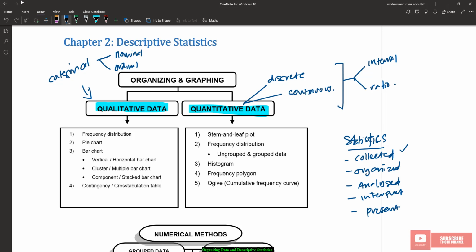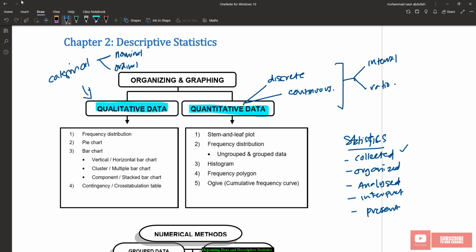That means you are going to organize the data in a proper form, such as a graph or tabular table, right? And then you are going to do some descriptive analysis, such as mean, mode, median, and some brief graphs for understanding the nature of the data, right?